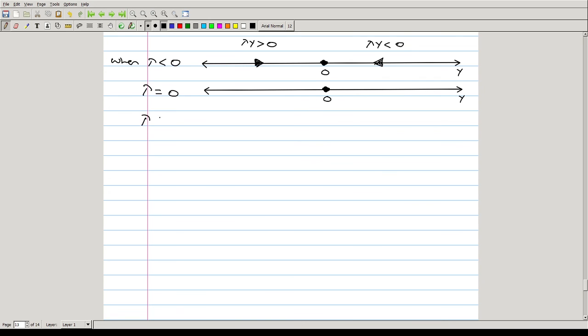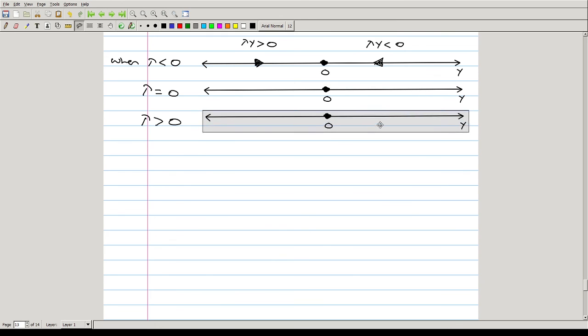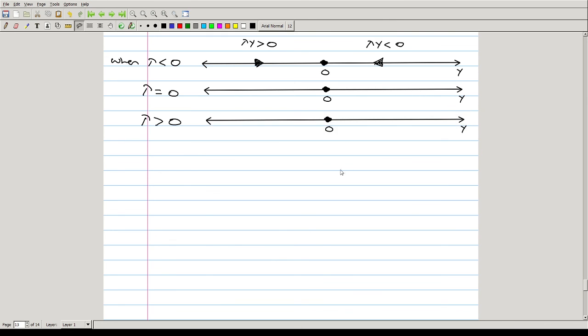And lastly, when lambda is greater than 0, when y is less than 0, lambda times y is less than 0. And when y is greater than 0, lambda times y is positive.